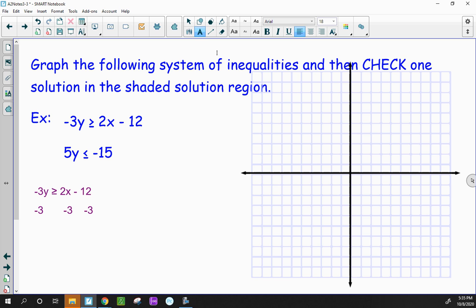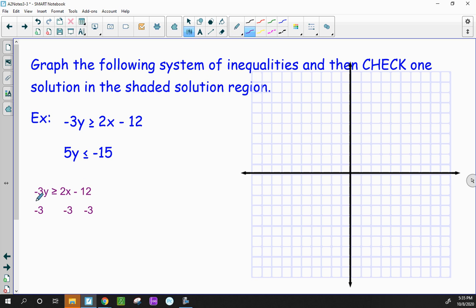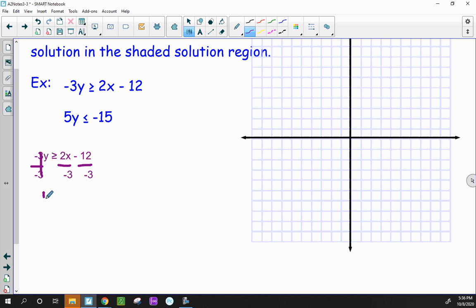And when you do so, the rule from Algebra 1, anytime you have an inequality and you divide by a negative number, when this is negative, the rule says that the symbol must be changed. And so now it becomes y is less than or equal to, and then 2 divided by negative 3, and that's just going to be a negative 2/3.